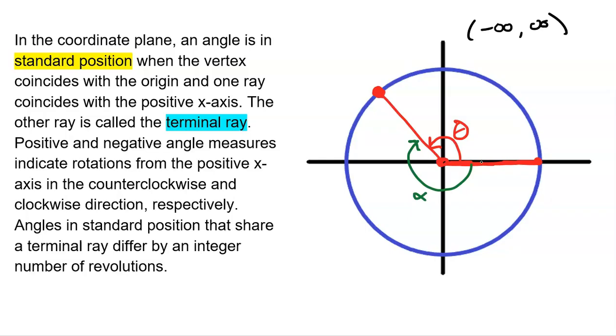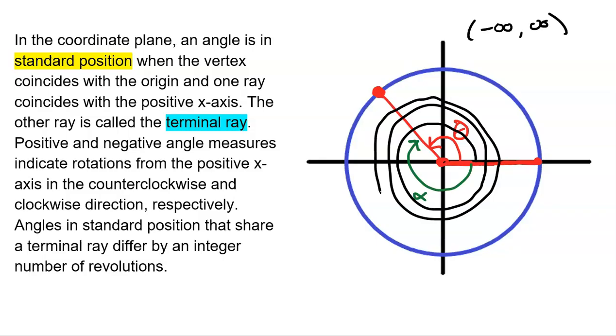Let me draw one more angle that goes all the way around, and around again, and around again, and then back to that same terminal side. Let's call that angle beta. So now I have three angles drawn that are all coterminal because they share the same terminal side: alpha, theta, and beta, but they're still all different angles. This allows for angles to be any value, no matter how big or how small, on the unit circle.